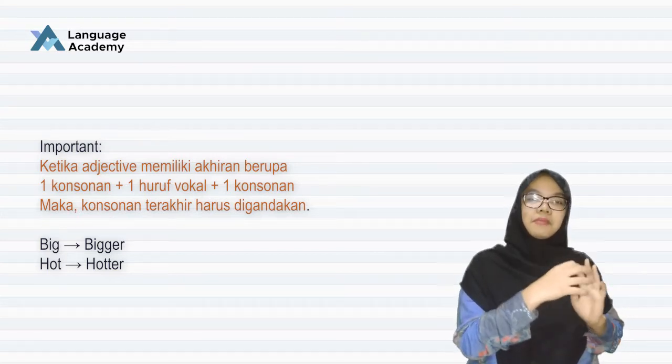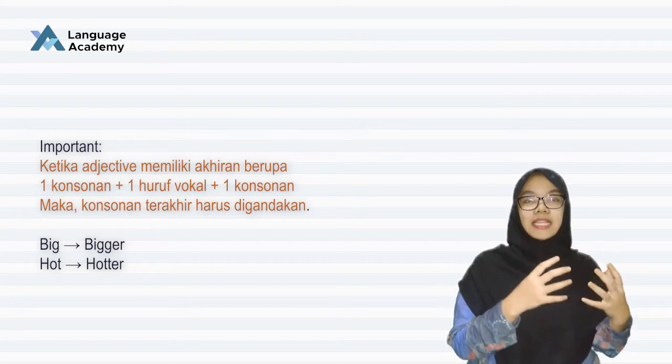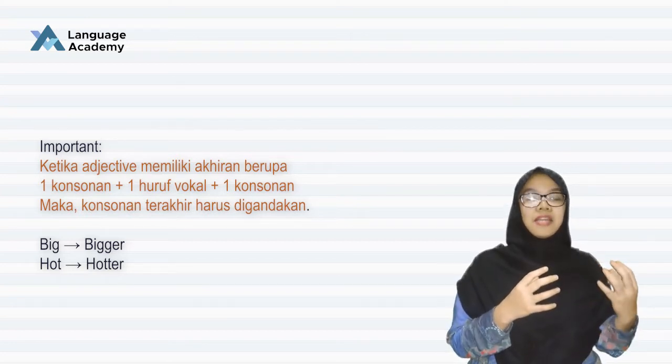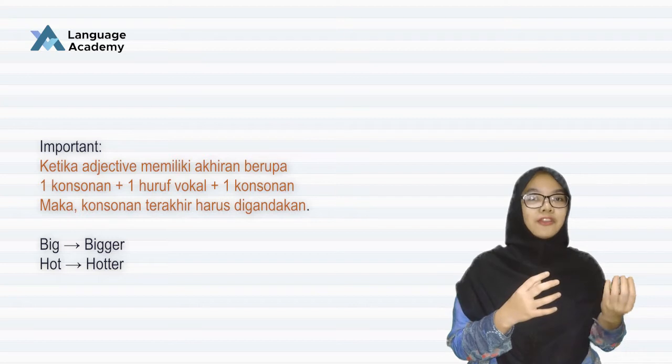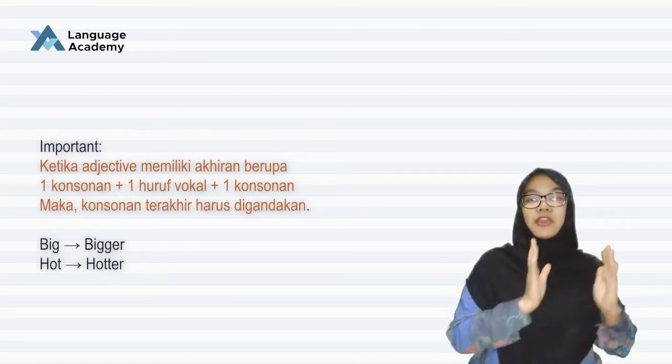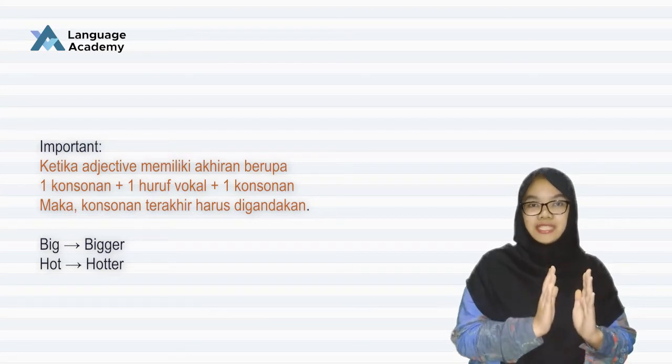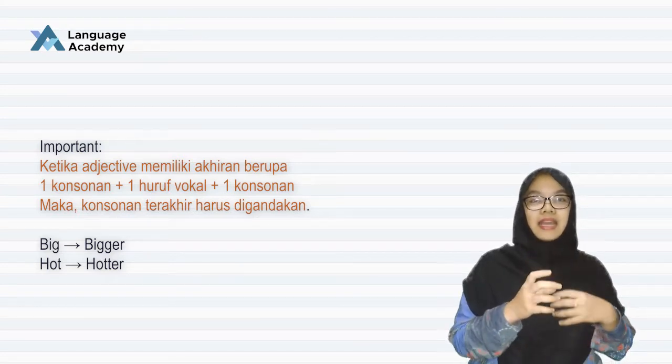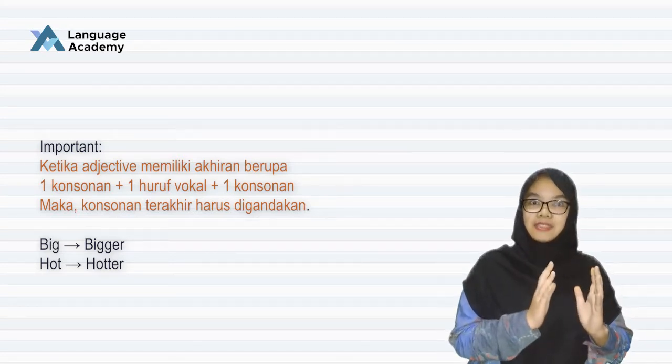Nah, ketika teman-teman memiliki kata-kata dengan formulasi seperti itu, teman-teman harus menggandakan konsonan terakhir. So, big becomes bigger with double G. Jadi teman-teman harus menggandakan huruf G yang di akhir tersebut.